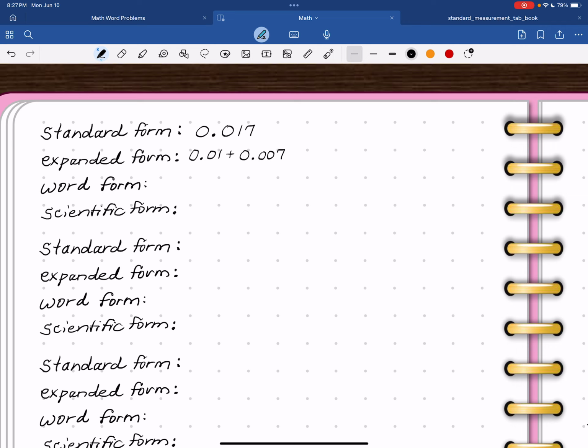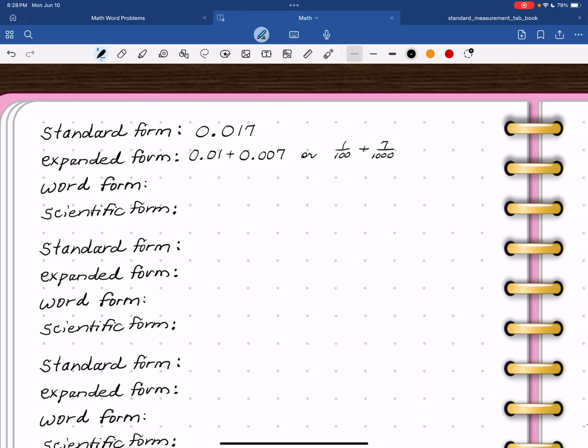You could also, if you wanted fractional form, write 1/100th plus 7/1,000ths. I don't know that I've ever needed that form, but it's good to help them read it as fractions and decimals.